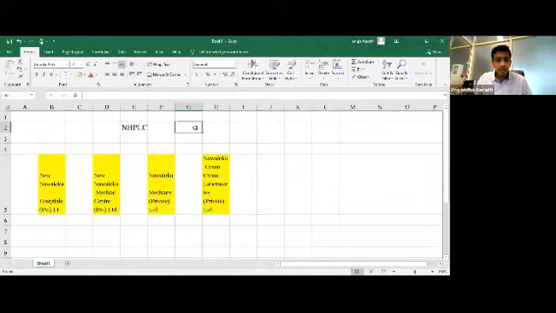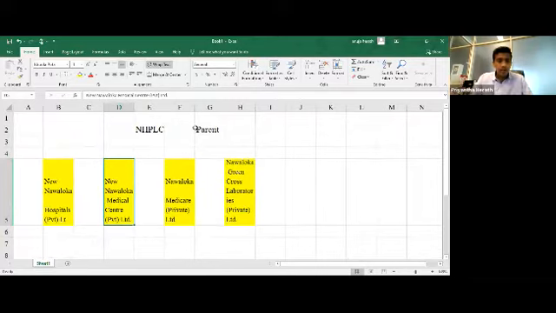So this is the parent company, and all these are subsidiary companies: New Navaloka Hospital Private Limited, New Navaloka Medical Center Private Limited, Navaloka Medicare Private Limited, and Navaloka Green Cross Laboratories Private Limited. So there are 4 subsidiary companies and the parent company Navaloka Hospital PLC.